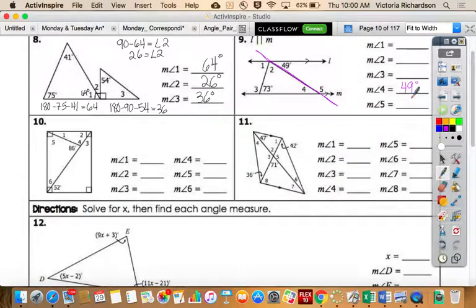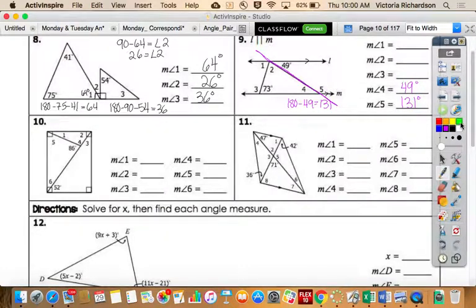Now, if angle 4 is 49 degrees, you can find angle 5 by subtracting from 180, because this right here is a straight angle, so you can do 180 minus 49, which gives you 131. So angle 5 is 131.